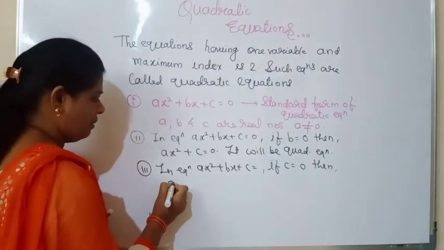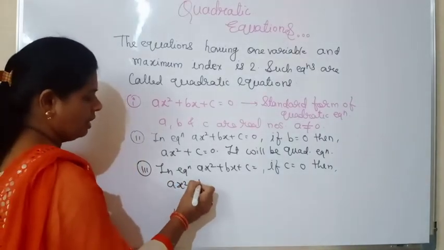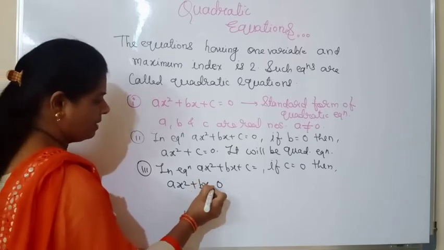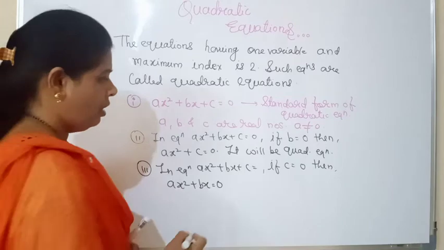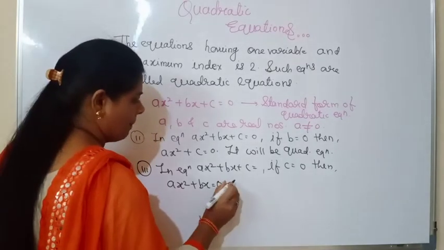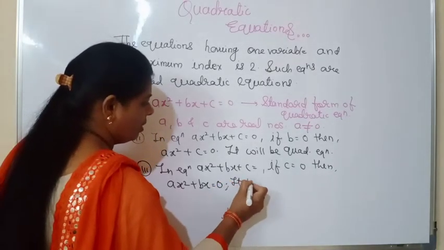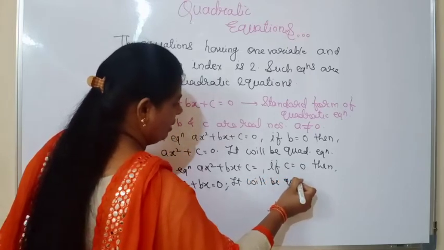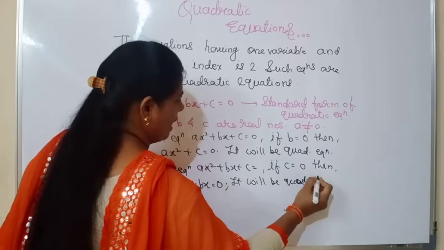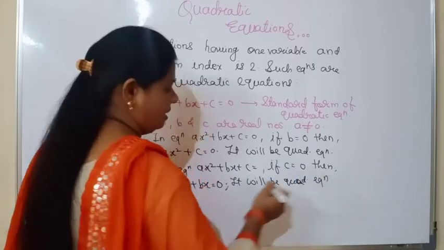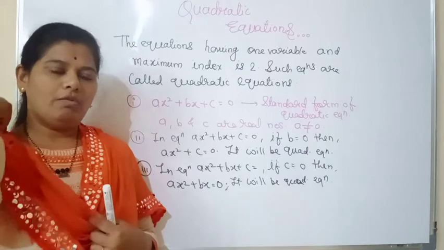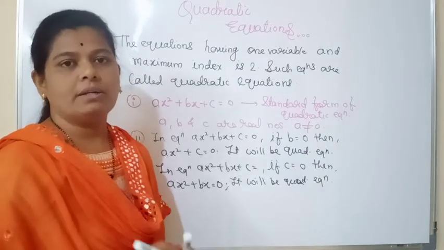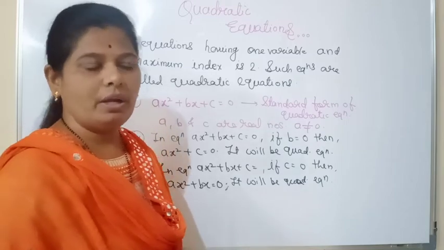The equation will become ax square plus bx equal to 0, and in this case also it will be a quadratic equation. It means that whether either b is 0 or c is 0, it will still be a quadratic equation.